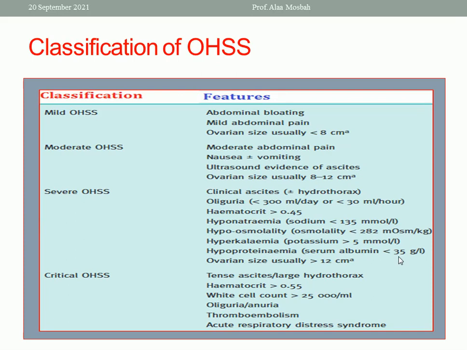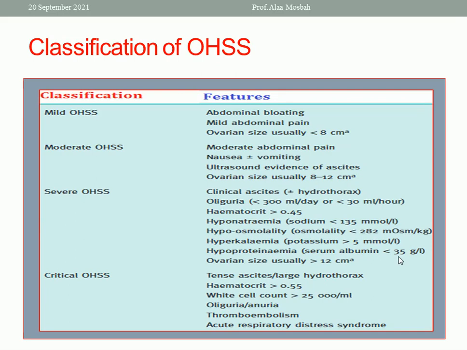Hyperkalemia, potassium more than 5 millimole. Hypoproteinemia, decreased serum albumin, and ovarian size more than 12 centimeters.